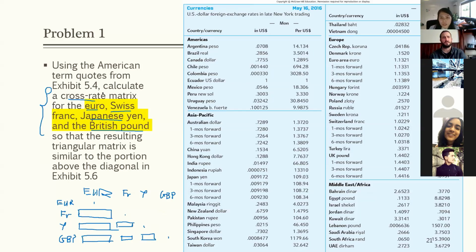So when we say we want to construct a cross rate matrix, this is what we want to do, okay? I'm just trying to compute the cross rate for these relevant currencies.